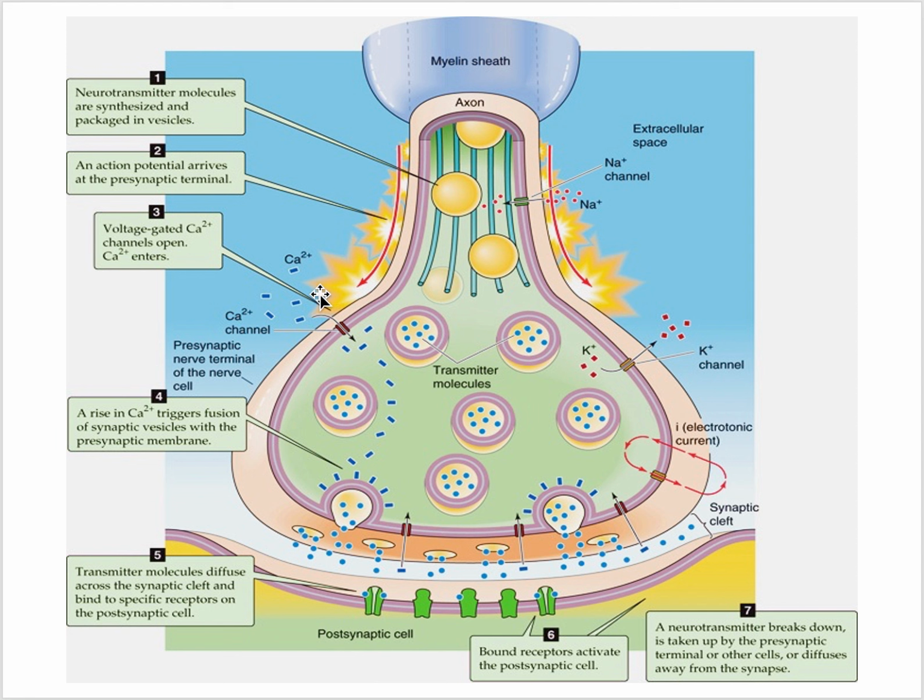That action potential is going to open voltage-gated calcium channels. Now, there's a higher concentration of calcium in the extracellular fluid, so calcium is going to influx into the synaptic knob, or the axon terminal.